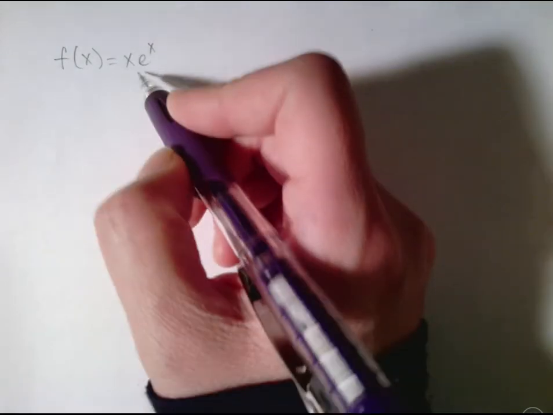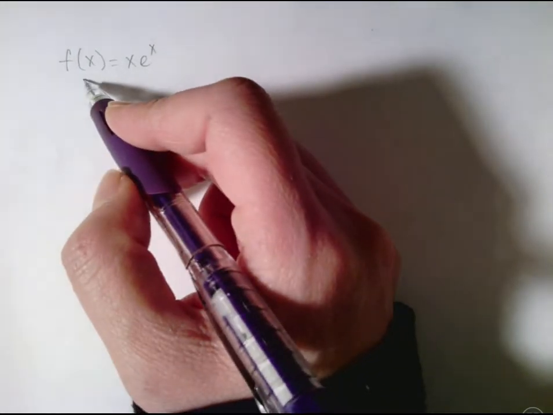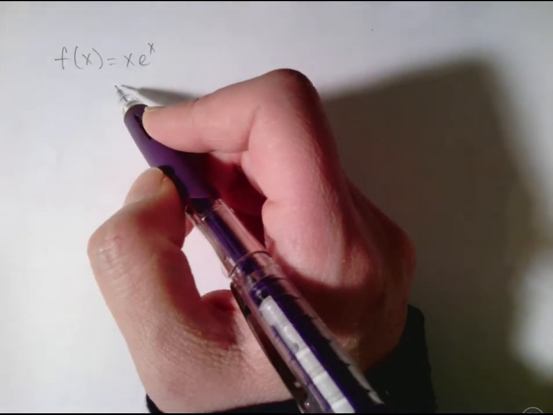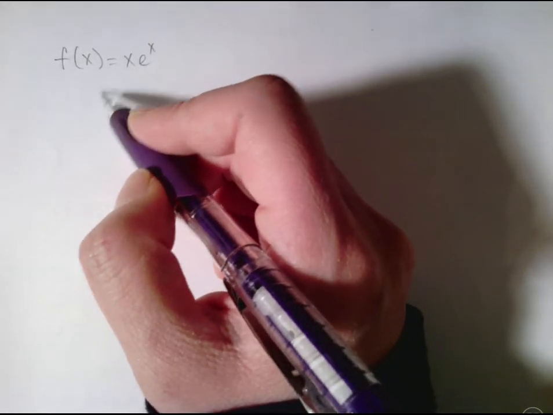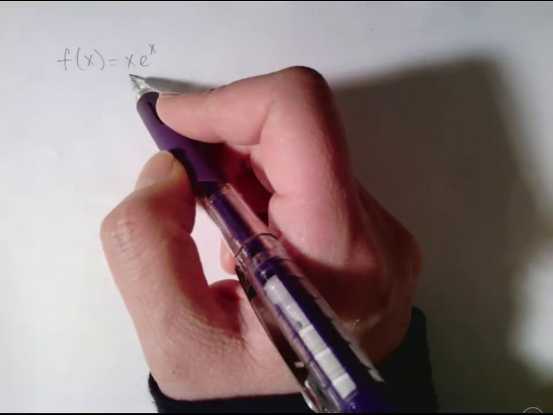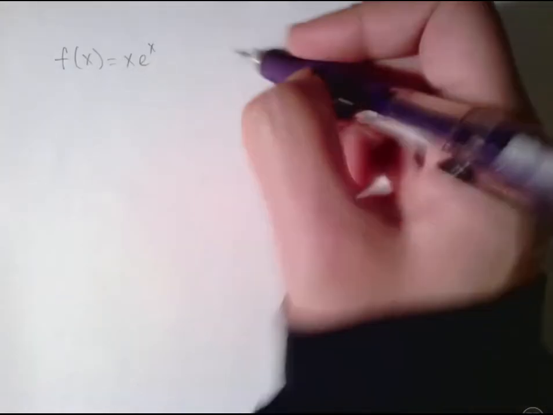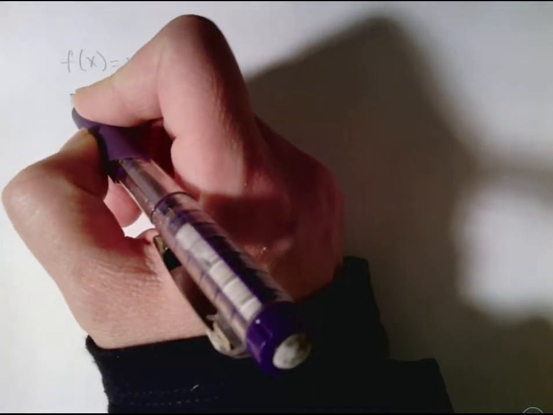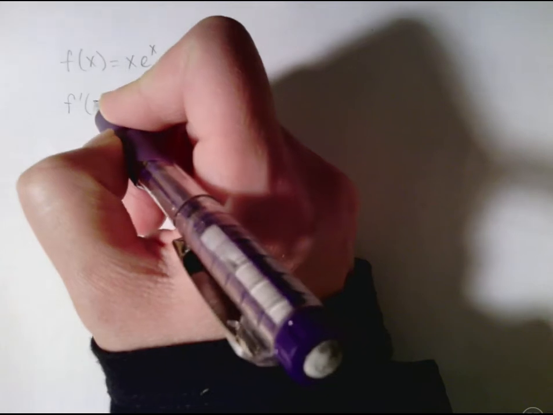So we're going to look at another example of using the first and second derivative, and this example will probably be more indicative of the power of the first and second derivative because most people don't know what this function looks like. All right, so let's see if this function has any max or min.